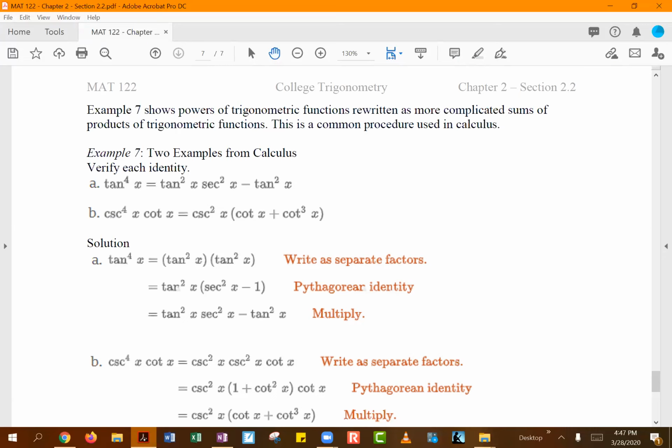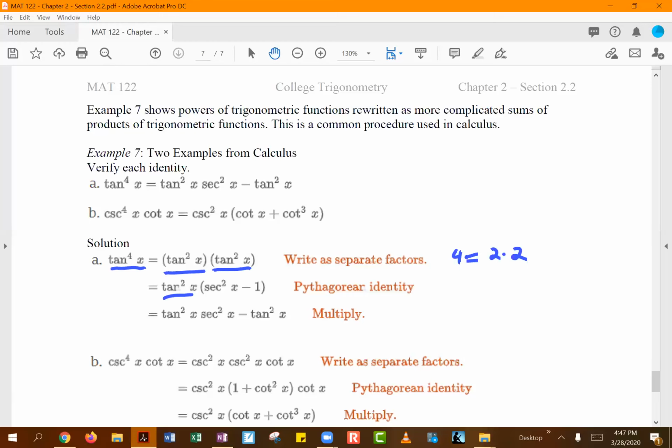So looking at our part A for example 7, we've got tangent to the fourth power of x, and they're asking us to basically verify that it's going to equal tangent squared of x, secant squared of x minus tangent squared of x. So basically, since this is tangent to the fourth power, you can break the fourth power down into 2 times 2. So that's where they've got tangent squared multiplied by tangent squared.